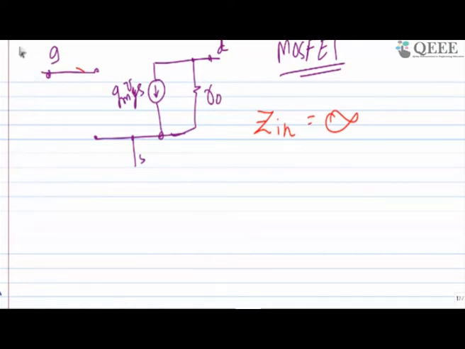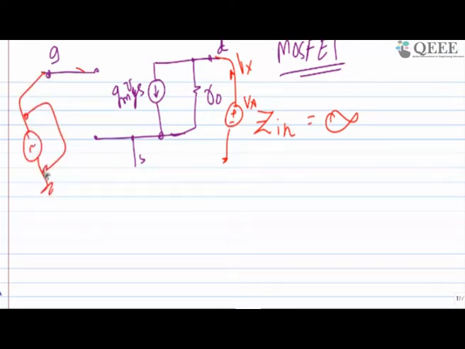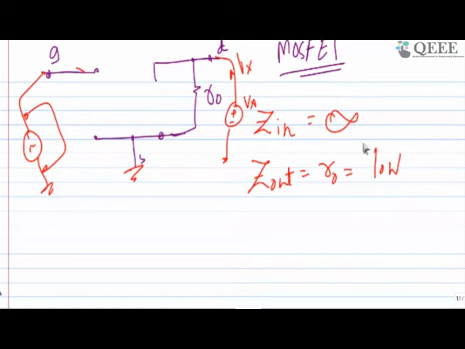Excellent. So now I am doing a similar thing: applying a known voltage here and trying to find out the current Vx by Ix, so that I can find out the impedance looking at the output side. In that case, you can see that gmVGS, with gate and source, is also 0. So it's similar to your BJT. At the output I am going to see R0, which is low, or it's in 1 kilo ohm.